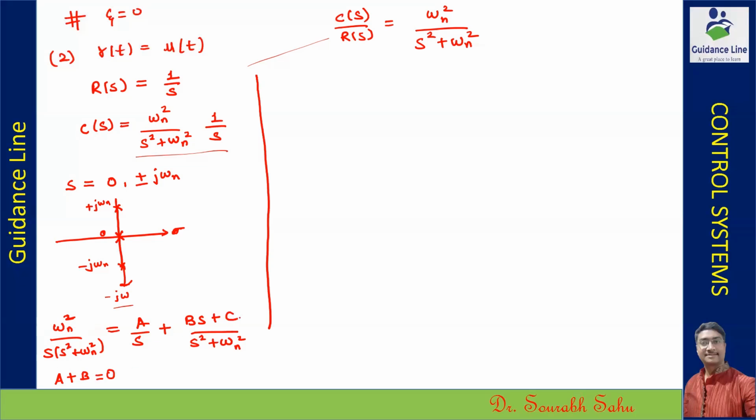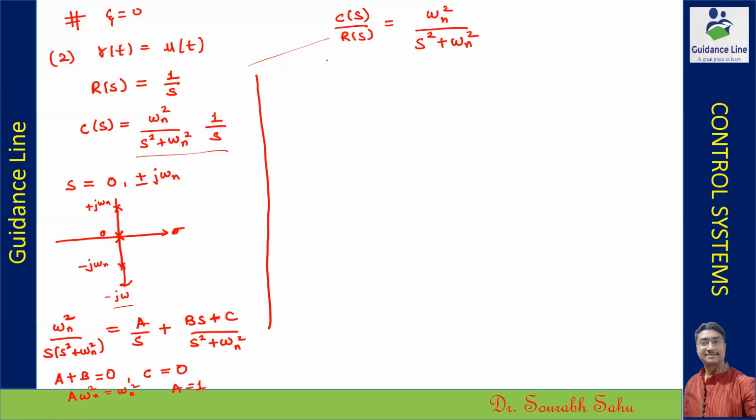Then C has a value of 0, because we do not have any s term in the numerator. Then we have A omega n square equals omega n square, so it ends up with A equals 1.